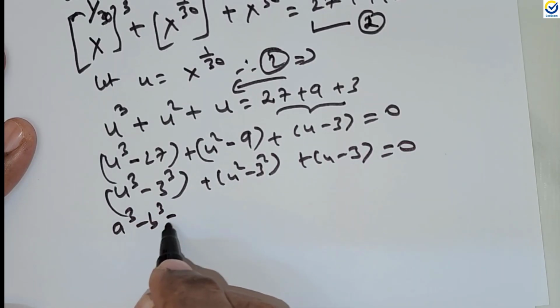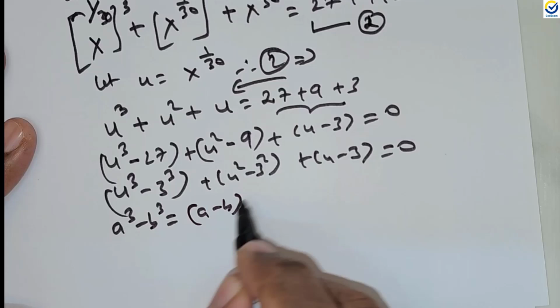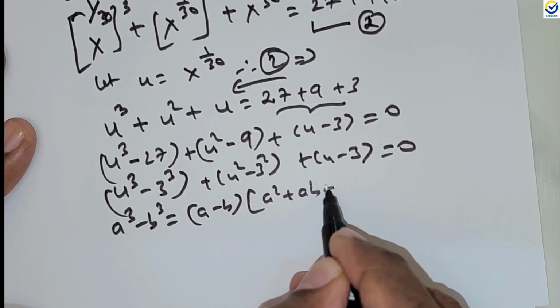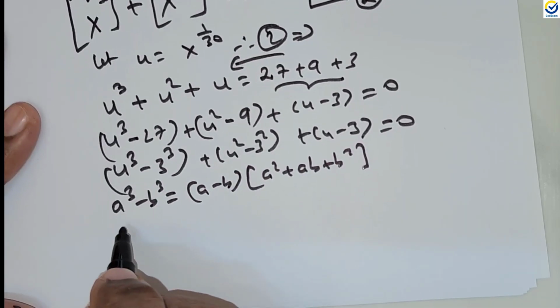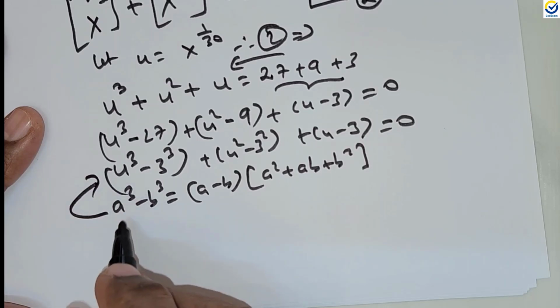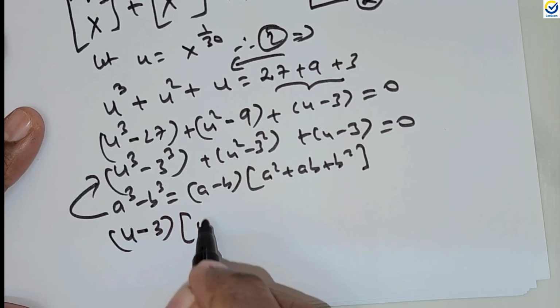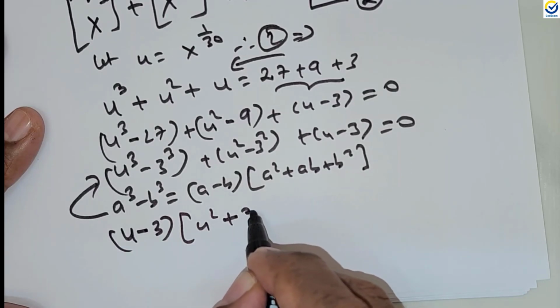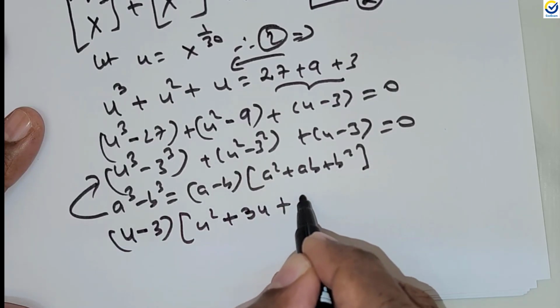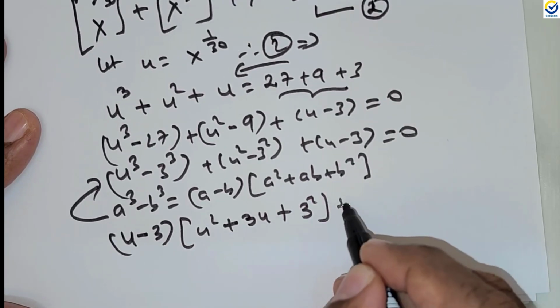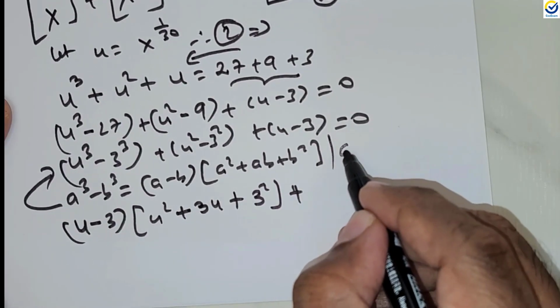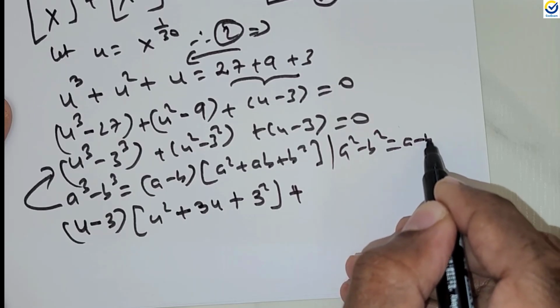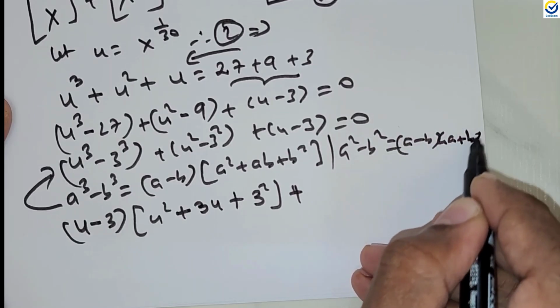Now there is a formula: a cubed minus b cubed is a minus b times a squared plus ab plus b squared. I'm going to apply this formula here. So this is u minus 3 times u squared plus 3u plus 3 squared. Then I apply another formula: a squared minus b squared is a minus b times a plus b.